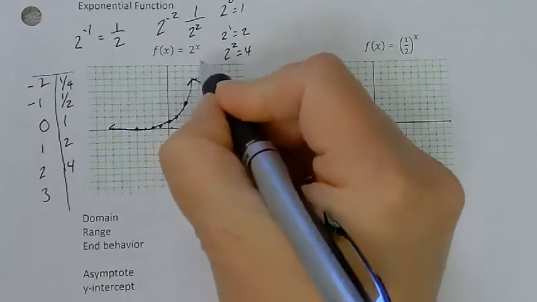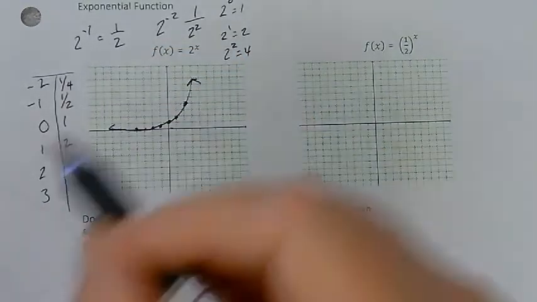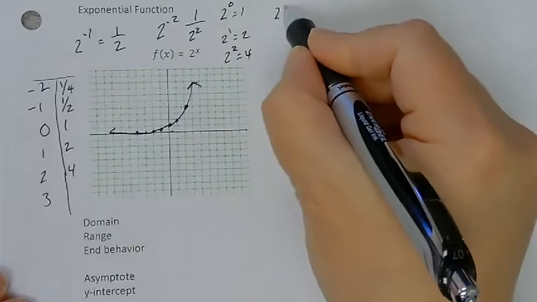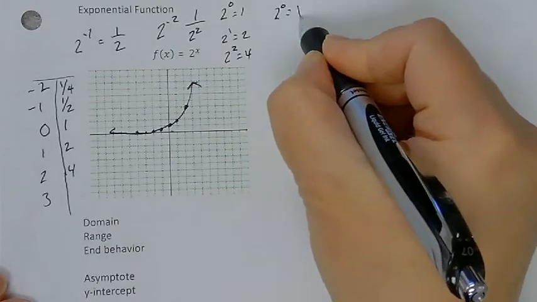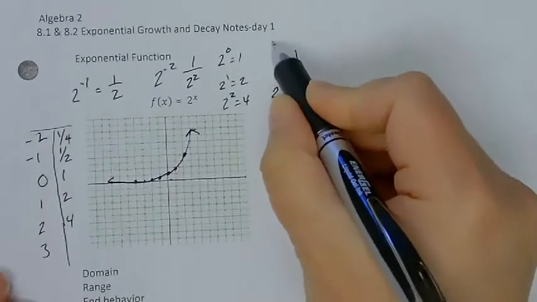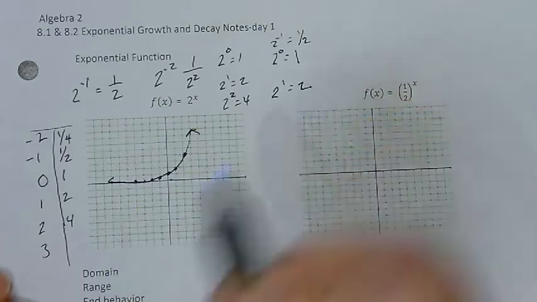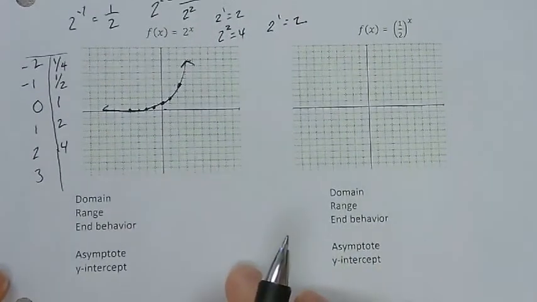Because you can never have 2 to any power and get 0 for the answer. If you have 2 to the 0 power, you get 1. If you have 2 to the first power, you get 2. If you have 2 to the -1 power, you get a fraction. So notice that you'll never have 0 for an answer.